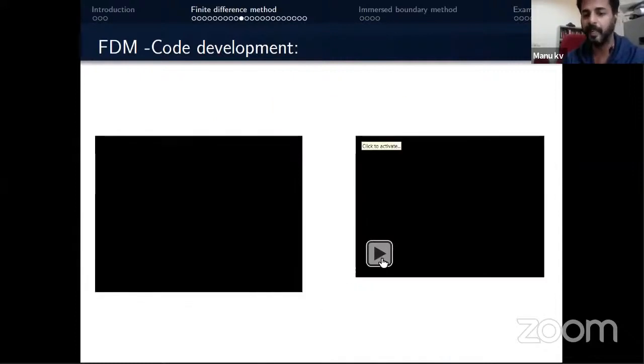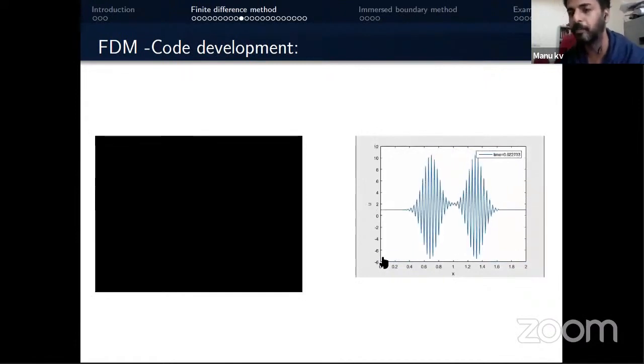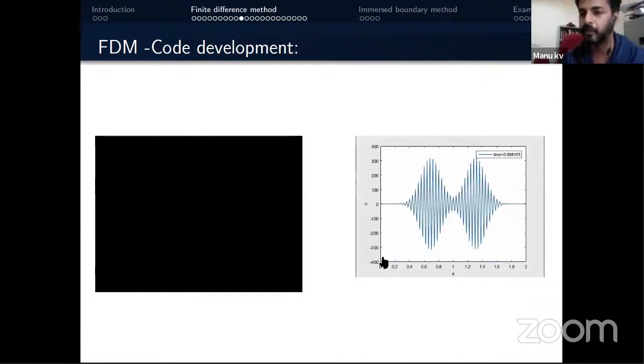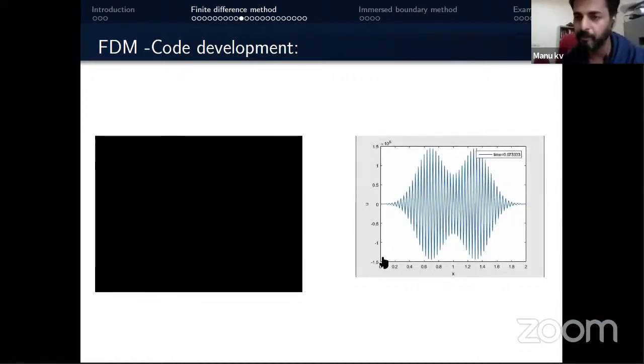Let's look at a case where it is blowing. Suppose we are using a value for nu delta t by delta x square, which you can see is blowing, and the solution is diverging.